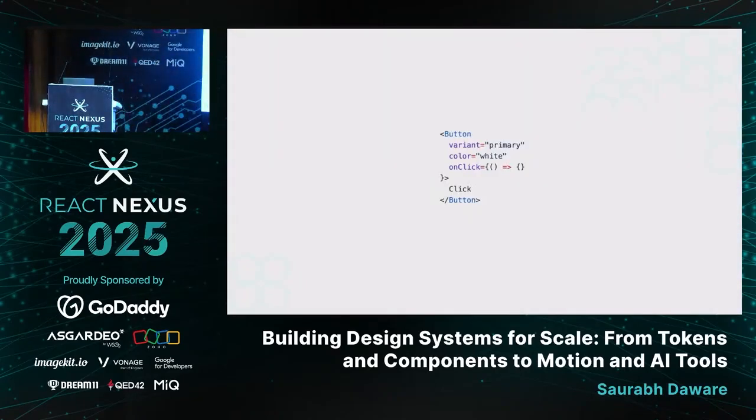Component APIs are where you define how you want to expose your component to your users. This is a simple component API where I have a button, I'm saying variant primary, color white, and I'm defining on-click.